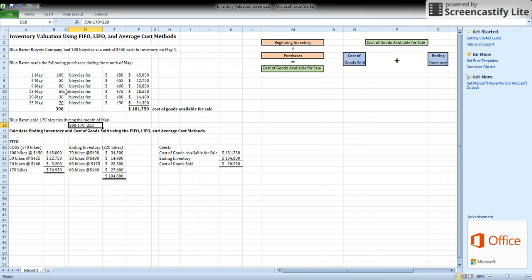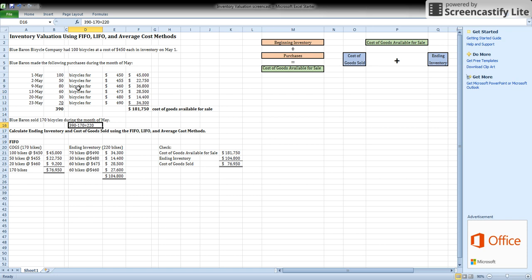And the 60 bicycles we purchased on the 13th at $475 a piece are still all in ending inventory. Now that gets us up to 160 bicycles. And 220 minus 160, we've got 60 bicycles left.